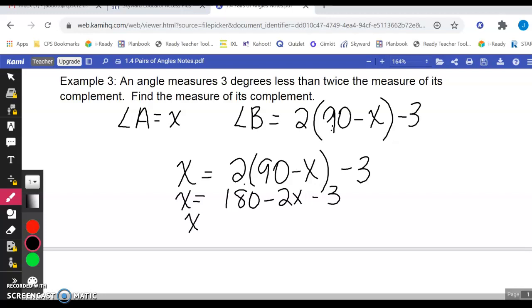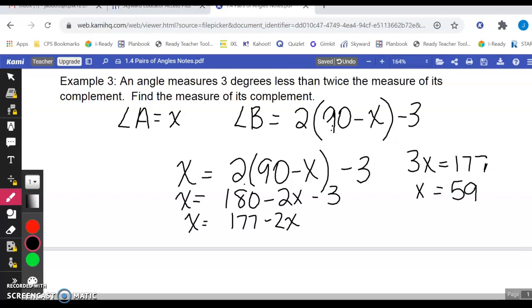Simplifying like terms, 180 minus 3 is 177 minus 2x. Then we add 2x to both sides to get rid of that, and we end up with 3x equals 177. We divide both sides by 3, and we get 59.